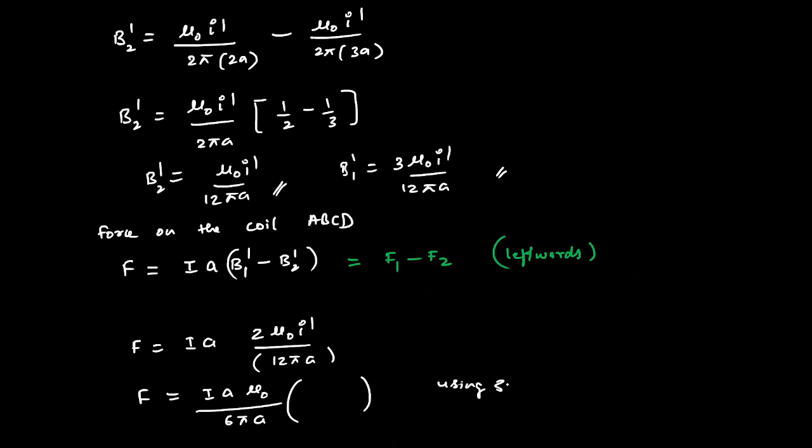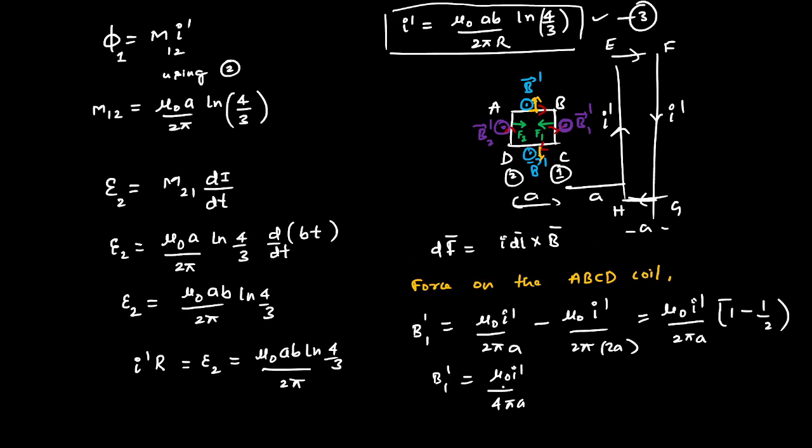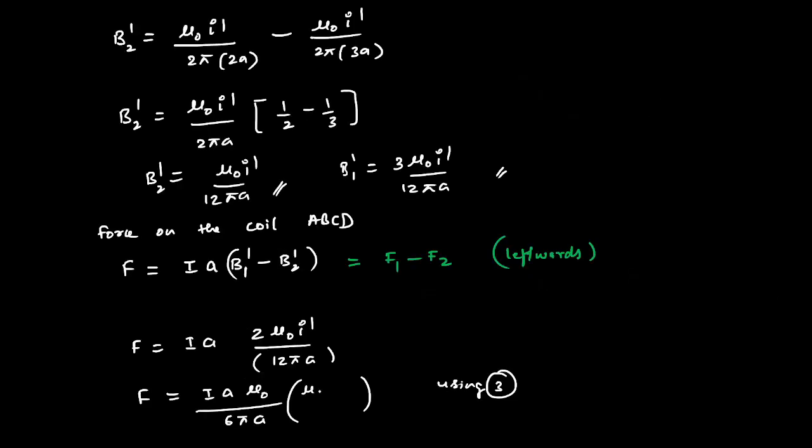Using equation 3, we can write the value of I dash as mu naught A B by 2 pi r times ln of 4 by 3.